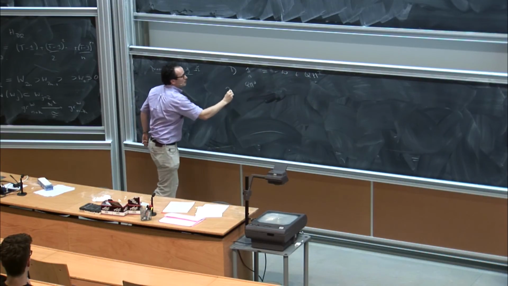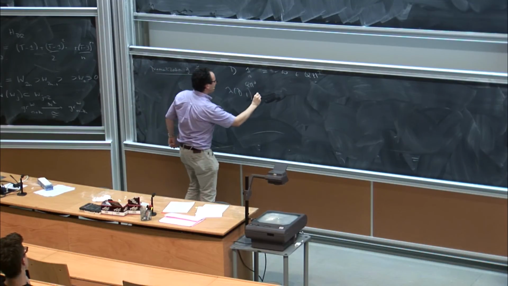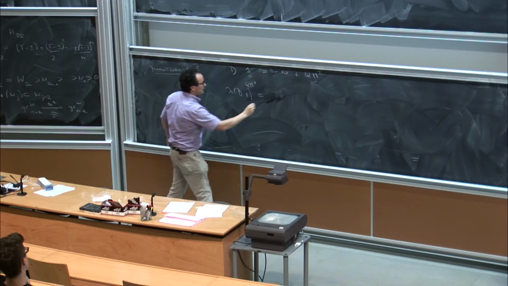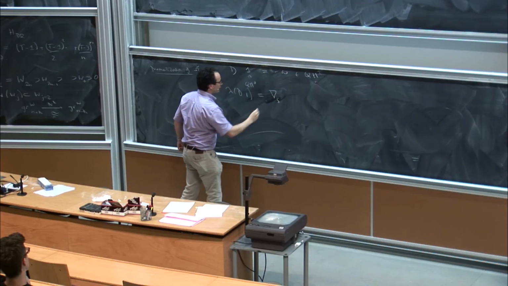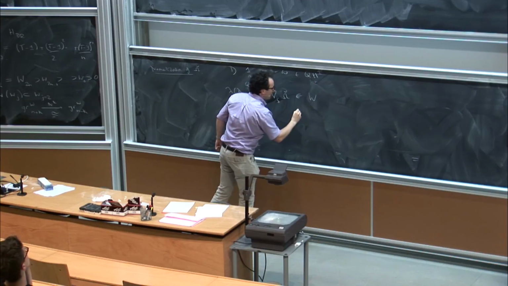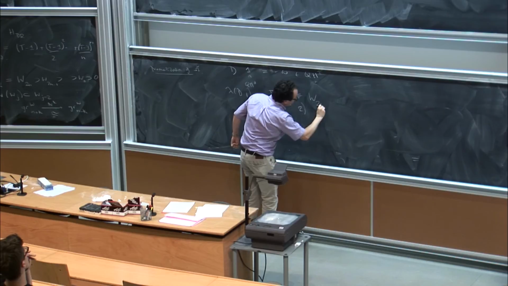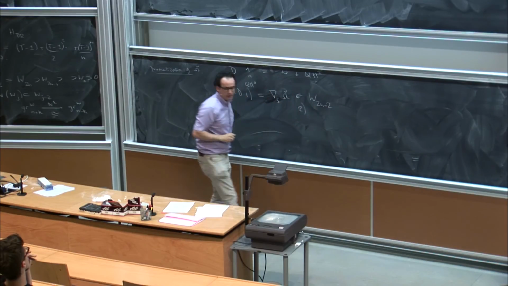And so lambda of D of 1 is nabla delta of omega check, and that must now live, by property 2 of the theorem, in W, not 2n, but W2n minus 2.